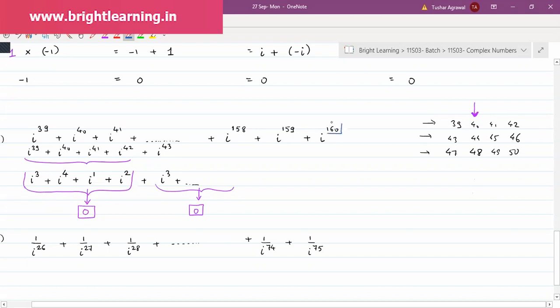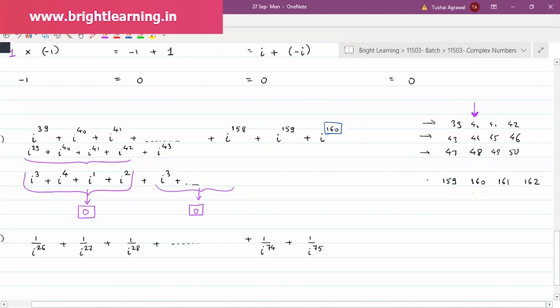In which group will i raised to 160 lie? If at all it would have formed a group, that 160 should occur at the second position, meaning i raised to 159, i raised to 160, i raised to 161, i raised to 162.